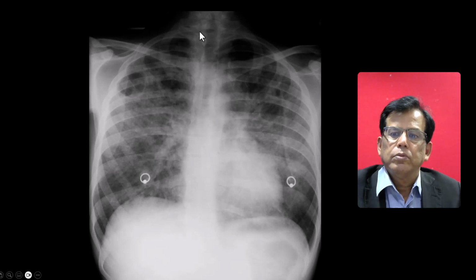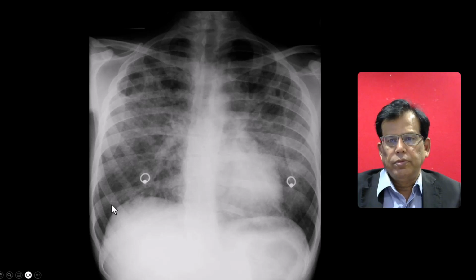If it is not projection, some form of air trapping in bilateral lung apices and the bases, or I can say the apices and lung bases are spared of these opacities.